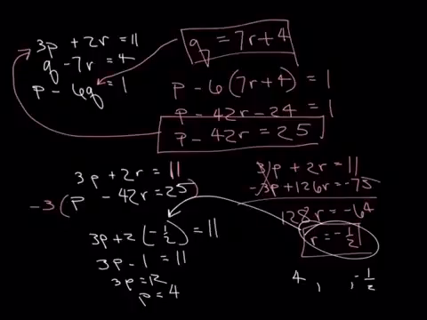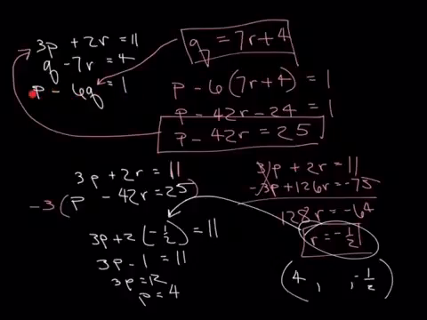Now I'm going to look for my middle one, my q. So I go up to an equation with a q. Doesn't matter which one as long as it's got a q. So obviously I'm not going to use this one, but let's say I decide to use this one. Q minus 7r, r is negative 1/2. I don't want to deal with fractions. How about p minus 6q equals 1?